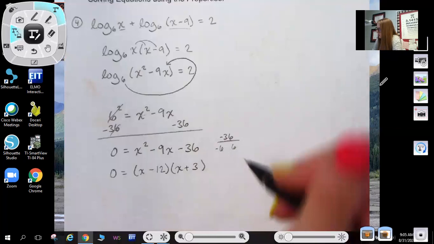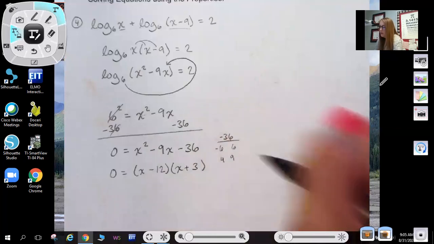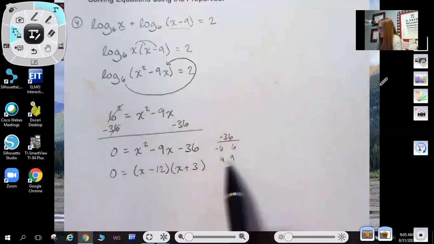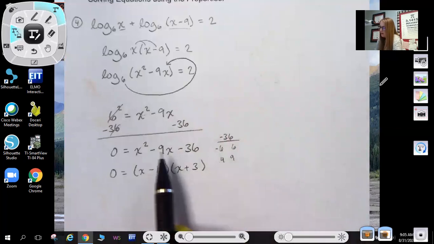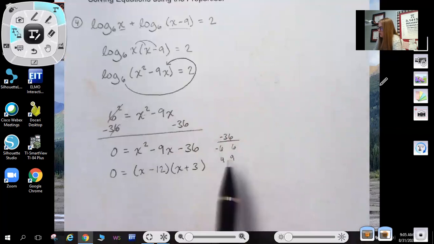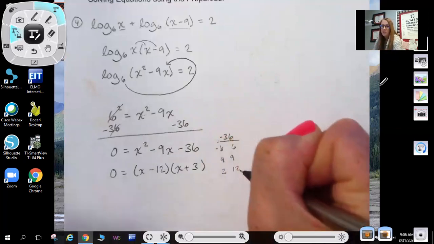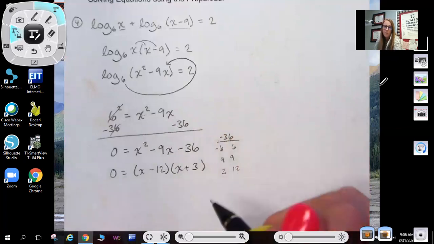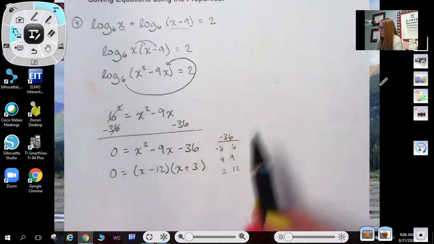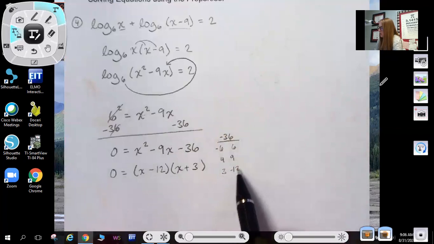So those don't work. We've got 4 and 9. Try to make one of these negative. Either way you go, you're not going to end up adding to be negative 9, so those don't work. And then 3 and 12, honestly, is my last thought when I'm thinking of factors of 36. But that is the one that works, 3 and negative 12.